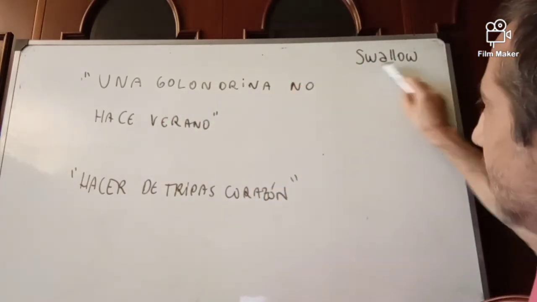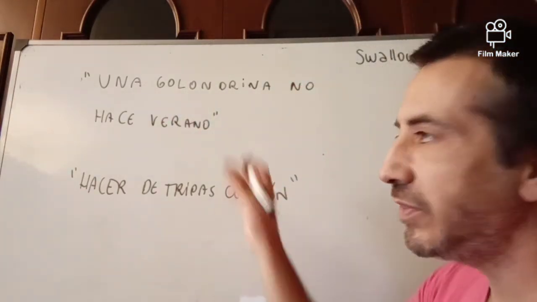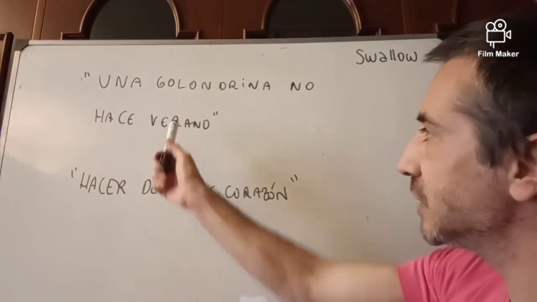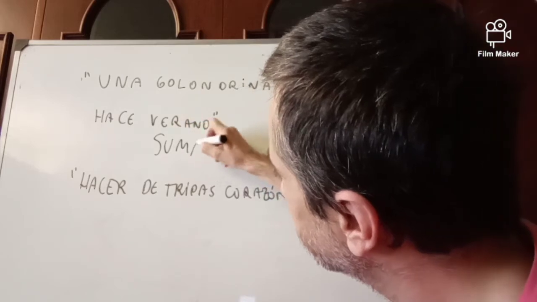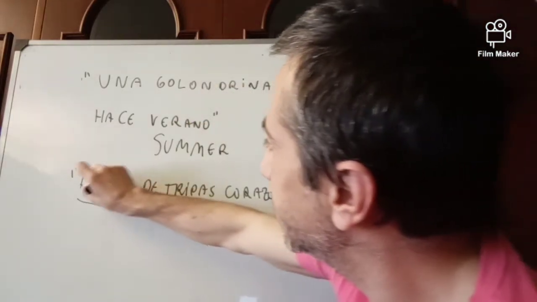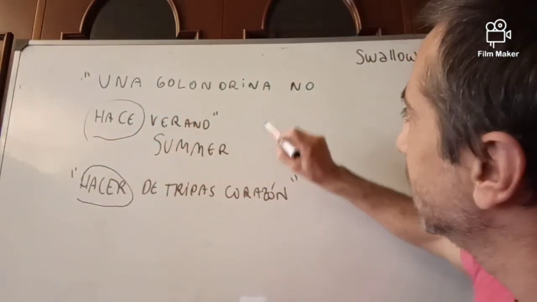Golondrina means swallow, the bird. They fly in the summer. That's why we have the word verano, summer. And the two idioms are with the verb hacer, that we've just seen.